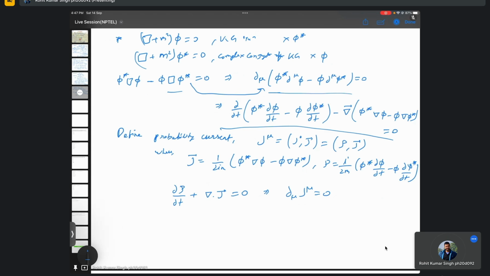This is called the continuity equation. It basically says that the 4 vector derivative of the probability current is 0.